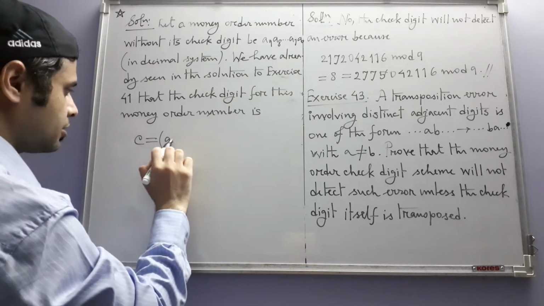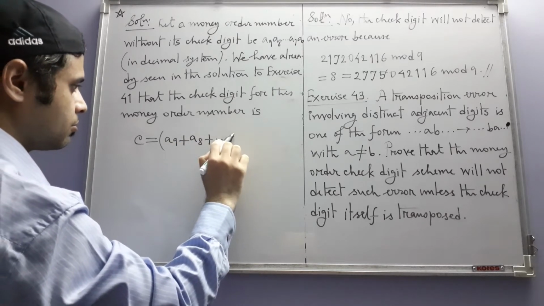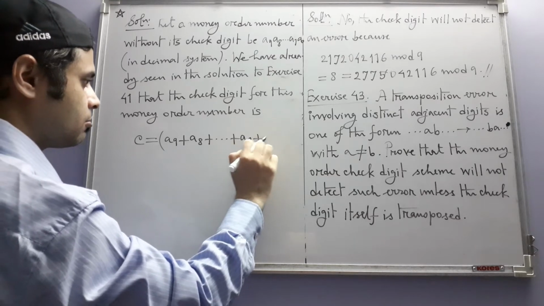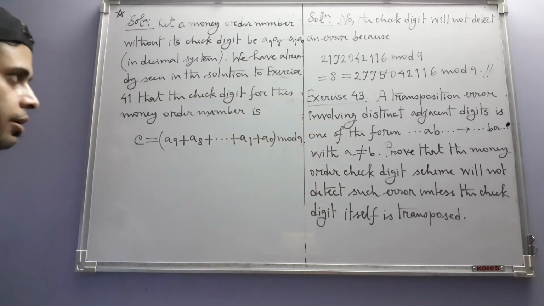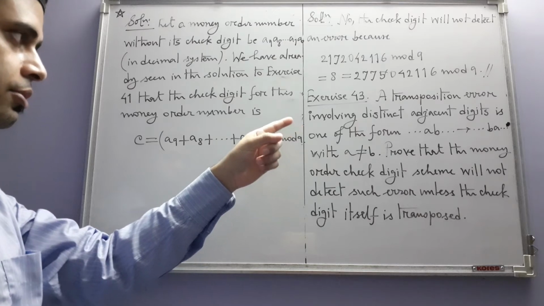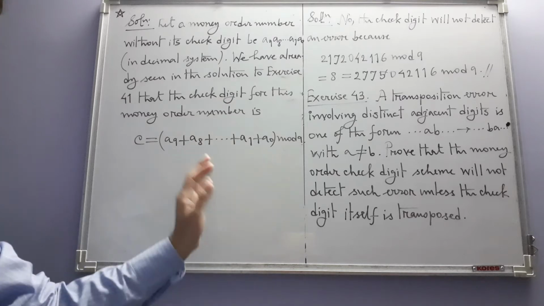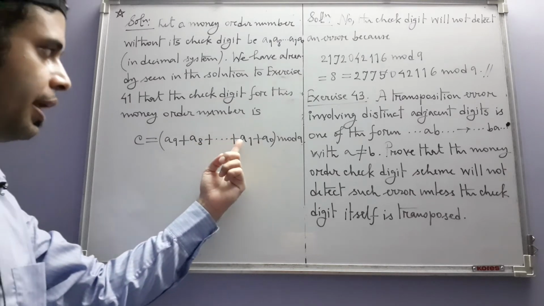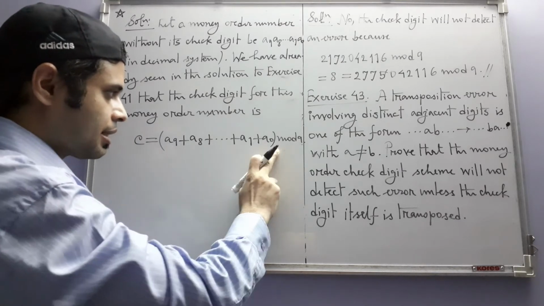This is something we have already seen in that solution. So you can see that if you are transposing two adjacent digits in any of the non-check positions, for example A1 and A0, then this sum does not change.